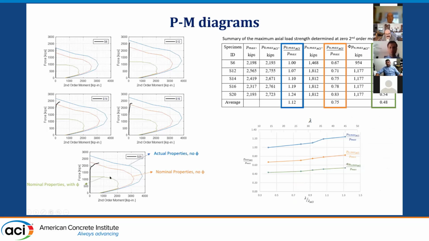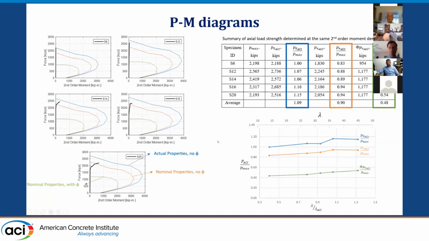And we did 3 categories of PM diagrams: using the actual properties with no reduction factors, using the nominal properties, and then using even the ACI procedure with all the phi factors and everything, just to see how the actual behavior fits between these 3 ranges of PM diagrams. This was one objective. The second objective is to see the value of the secondary moment, and how it compares to what we will get from the moment magnification method.